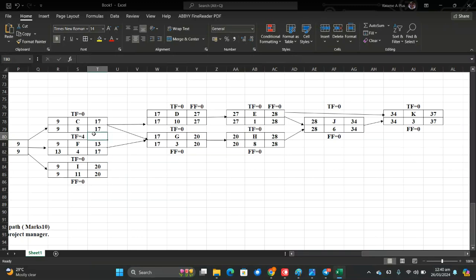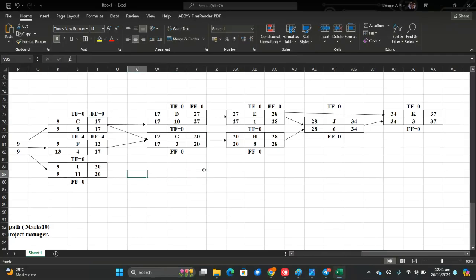So free float for this is equal to, let's see, 17 minus 9. 8. 8 minus 4 is 4. Yes. So free float is equal to 17 minus 9 is 8. 8 minus 8 is 0.